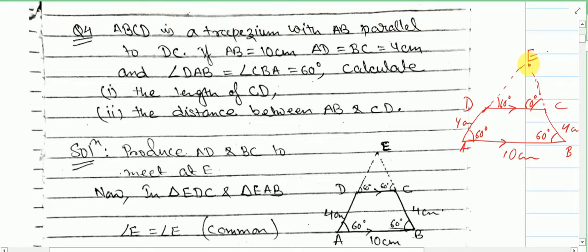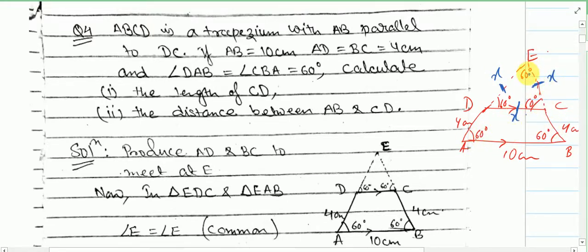And now in this triangle DCE, the sum of the angles is going to be 180. That means this has to be 60. So it means this is an equilateral triangle. That means this side is equal to this side is equal to this side. Clear? Let's say this is X, this is X, this is X.